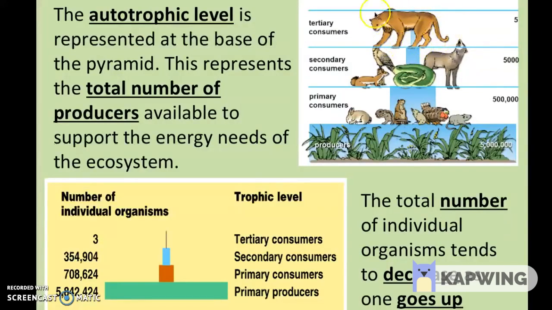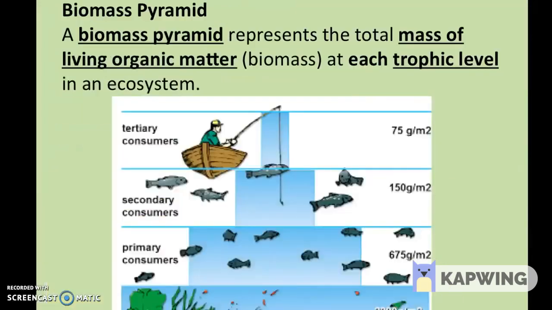So you can see up here we have the largest organism, but it represents the smallest population, only 5 of those tertiary consumers. Same thing down here, over 5 million in population of producer, and then drastically gets smaller and smaller. So the total number of individual organisms tends to decrease as you go up in trophic level. So you get fewer and fewer of those organisms as you go up the pyramid, in the numbers pyramid.